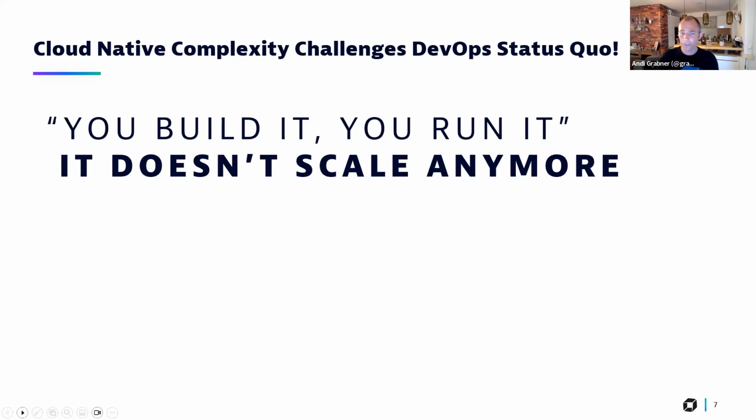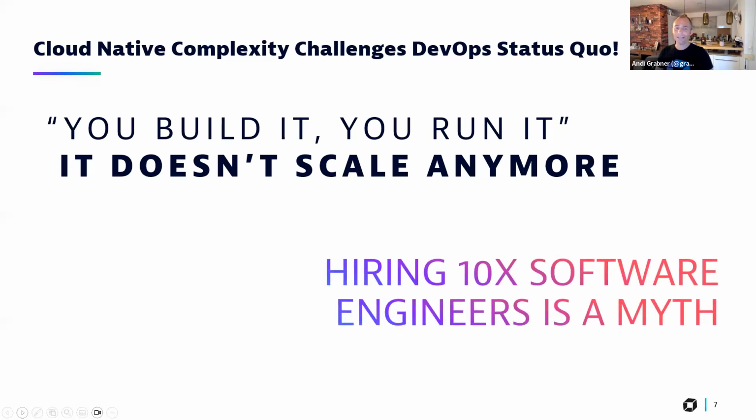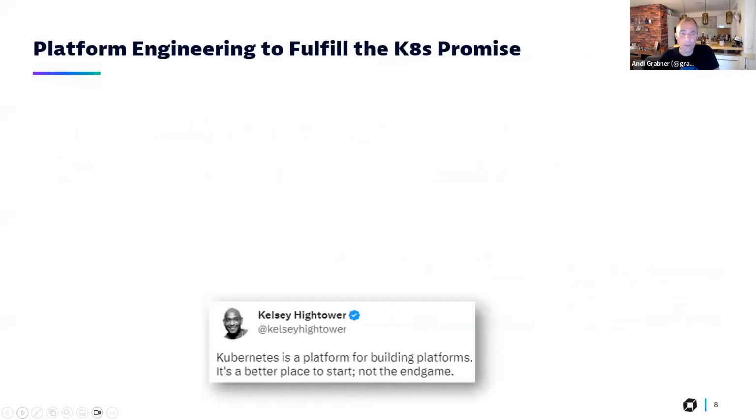And therefore, individual teams typically can't run end-to-end everything that they do. Also, we cannot just hire software engineers that have all the capabilities, from knowing how to do application development, deployment, security, observability, scaling, Kubernetes. It's just impossible, right? And I think this is actually why platform engineering is here to solve this problem.